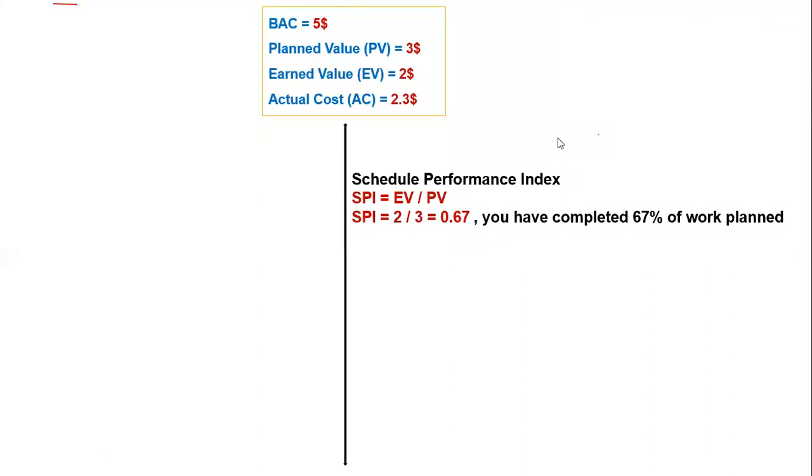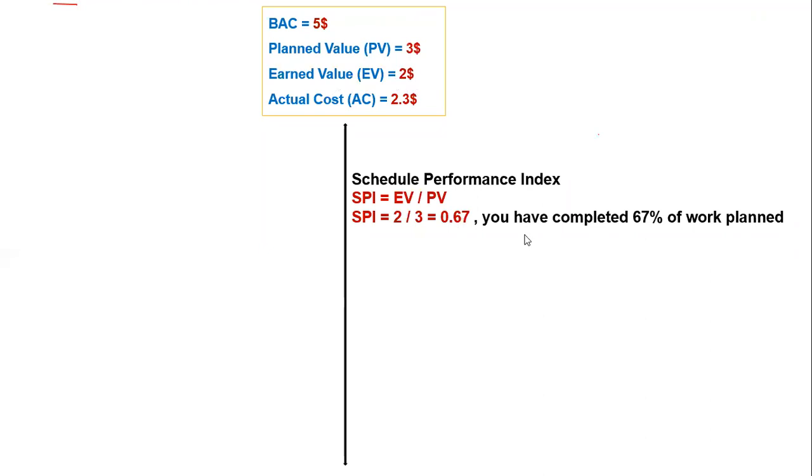Now next is schedule performance index. You can see here that your budget at completion is $5, your planned value as per plan is $3, from the previous example, and you have earned $2 because on the third day, due to rain, no work is done, so no earnings. And actual cost is $1 on day 1 and $1.3 on day 2.